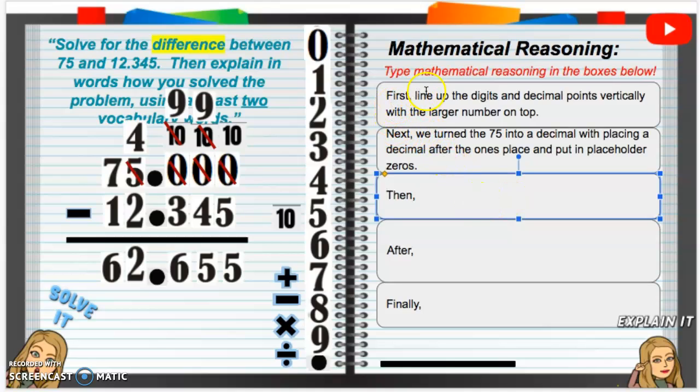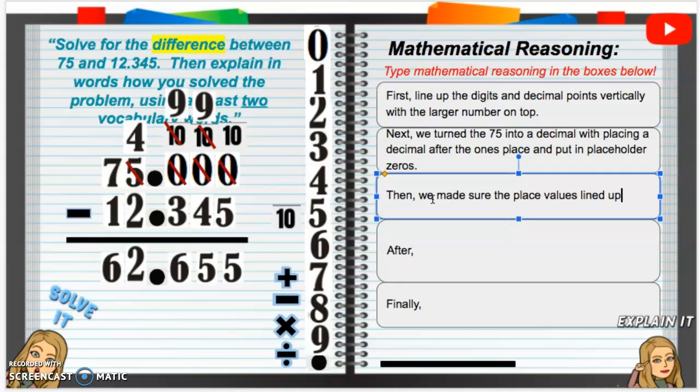So first we line up the digits and the decimal points vertically with the larger number on top. Next, we turned the 75 into a decimal by placing the decimal after the ones place and put in the placeholder zeros. Then, what did we do next? Well, we had to make sure that the place values lined up.